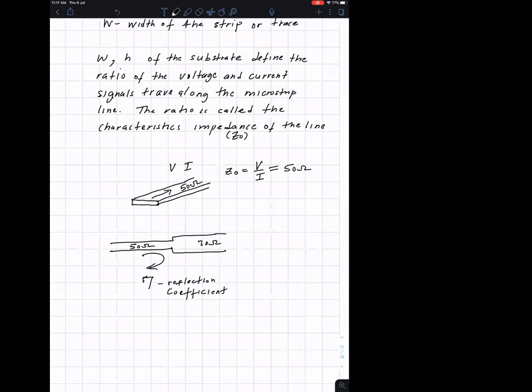So this is the problem with high frequency design. Last time you guys used the line calculator in ADS to design your transmission line, remember?